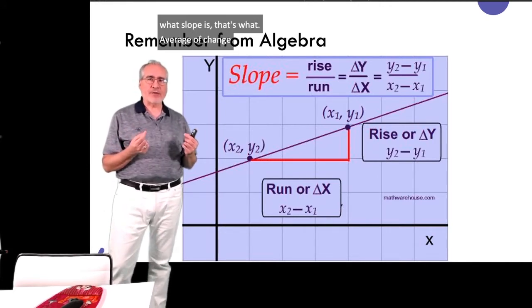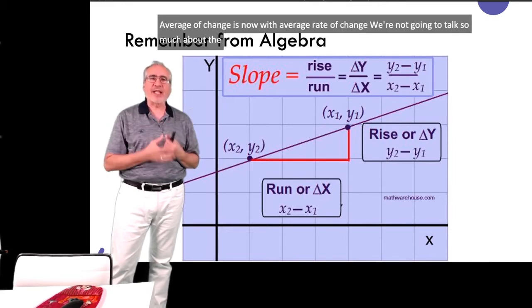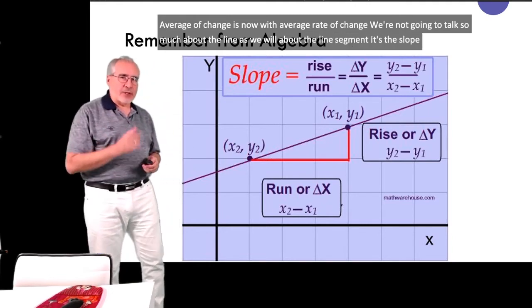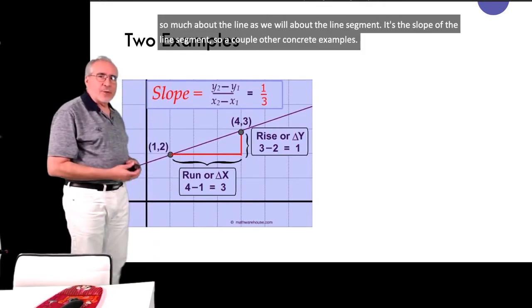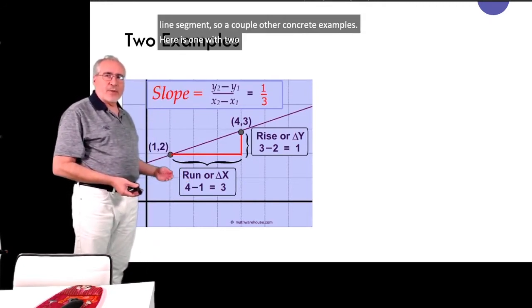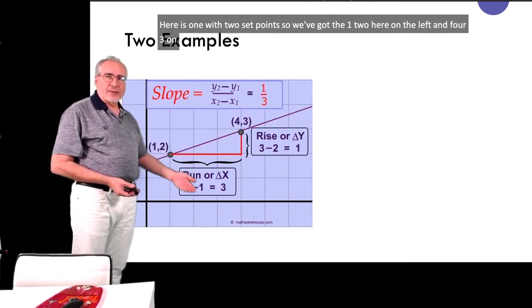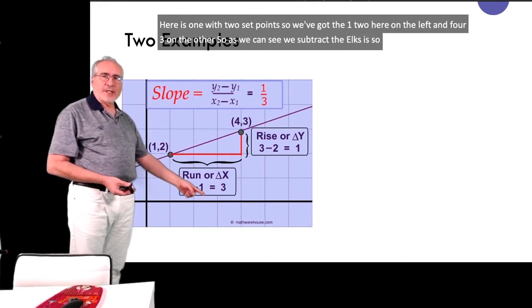Now, with average rate of change, we're not going to talk so much about the line as we will about the line segment. It's the slope of the line segment. So a couple other concrete examples. Here is one with 2 set points. So we've got the point 1, 2 on the left and 4, 3 on the other. As you can see, we subtract the x's. So we take 4 minus 1, we get 3.